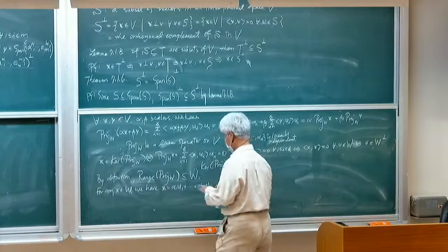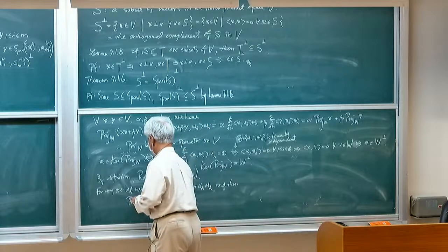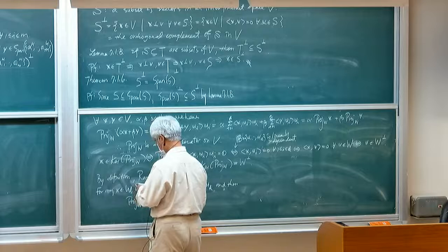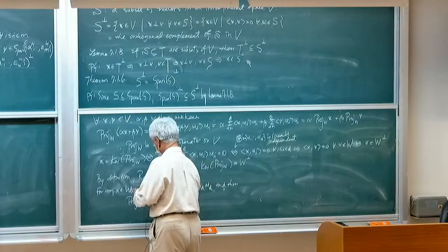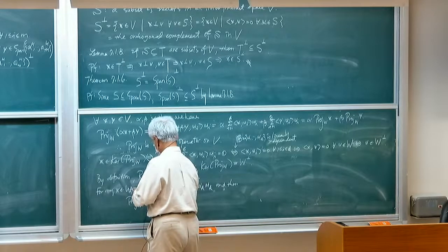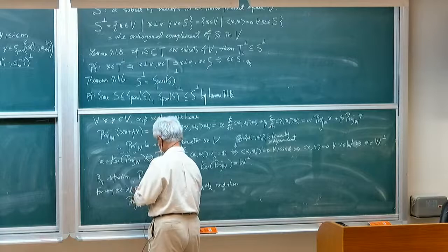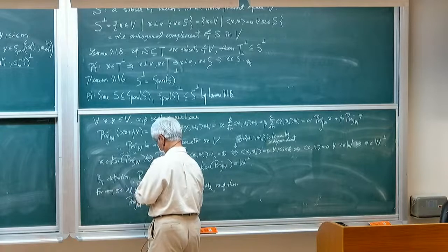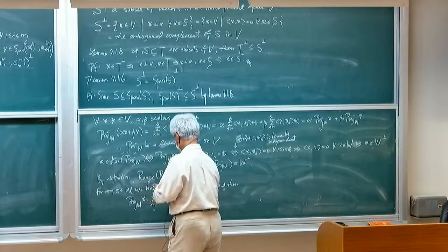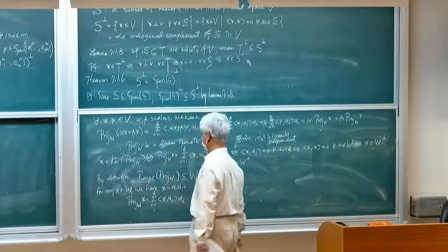Then we have the projection becomes the summation of i from 1 to k of (x · u_i) u_i, by definition.